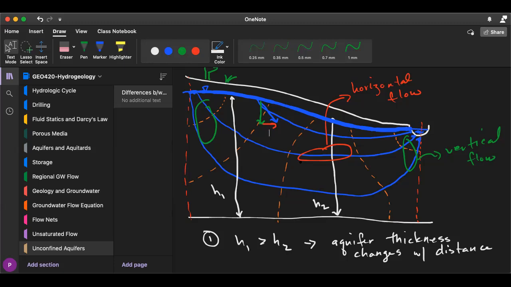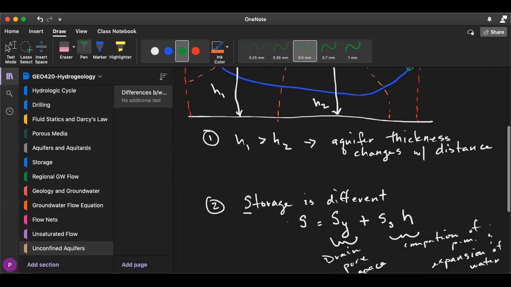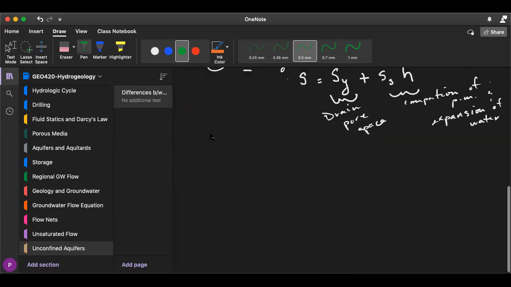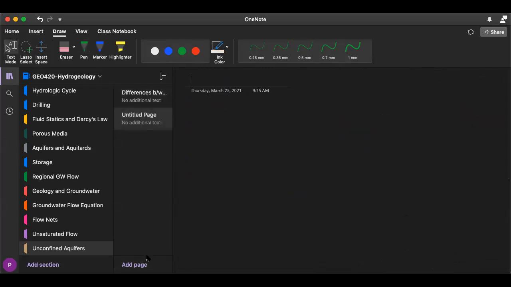And rather than get lost in those details, I just want to talk about what we do to deal with it. All right. So the first thing we're going to do is tackle these flow lines. And we're going to make what's called the Dupuit assumption.